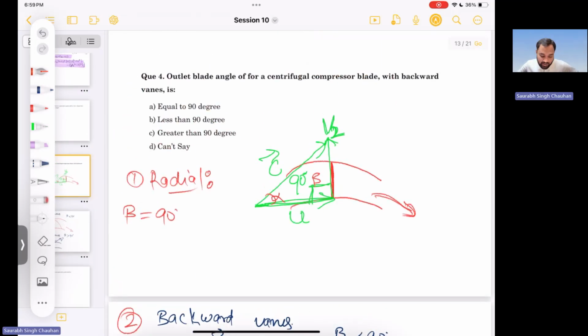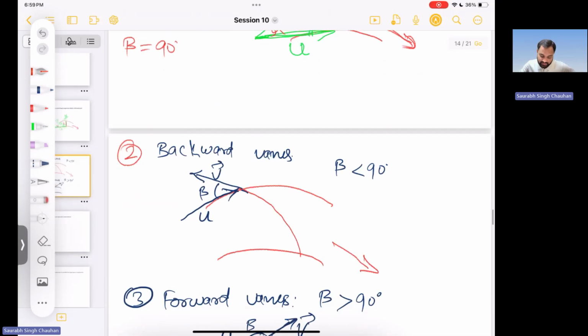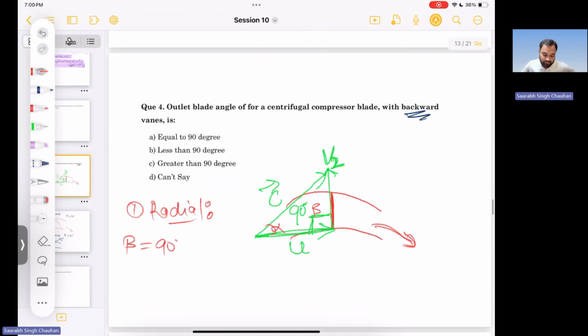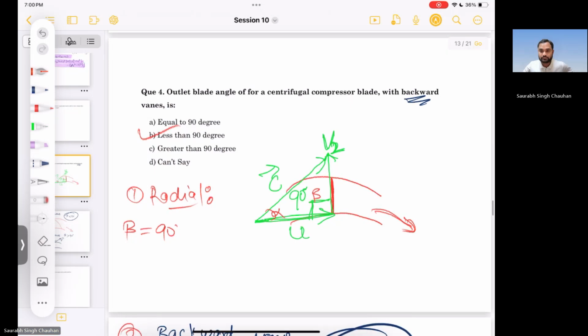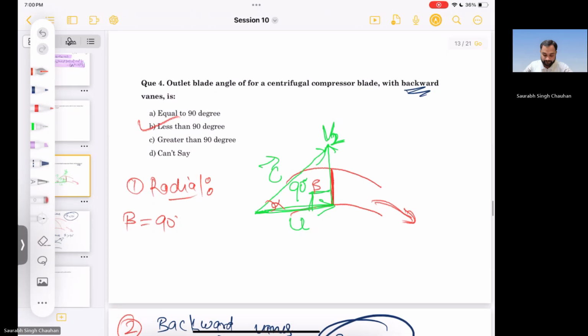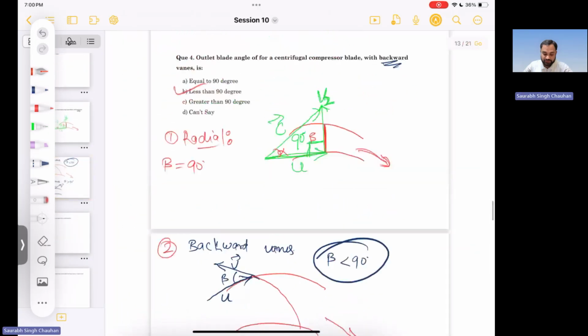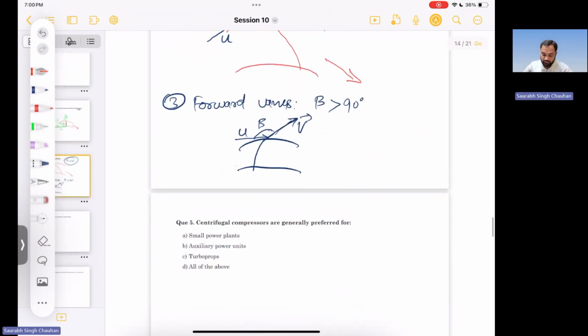So what it is asking, outlet blade angle for a centrifugal compressor blade with the backward vane is how much? This is less than 90. So correct option is option B, less than 90 degrees. If there is no doubt, then we can move to next question.